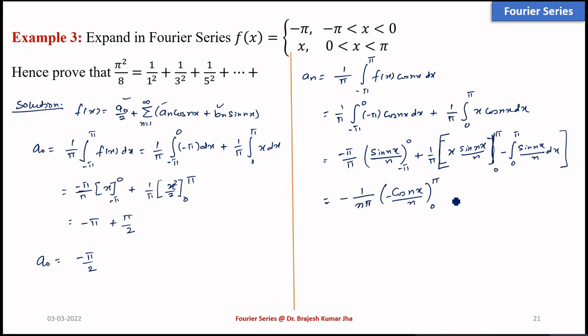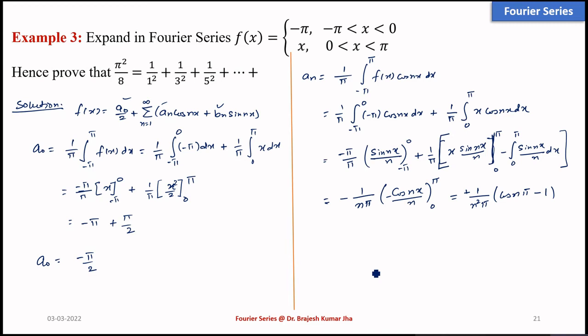So it is going to be equal to 1 upon n square pi, and the minus sign should be there, so minus plus you can take. Okay. So it is cos n pi minus cos 0, which is 1.